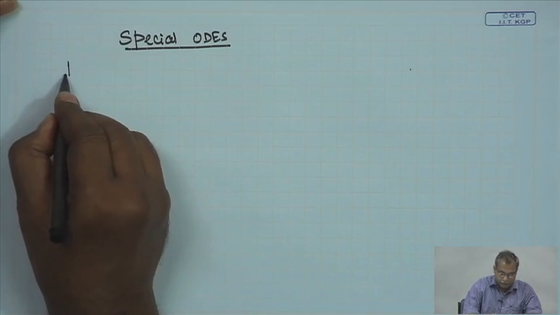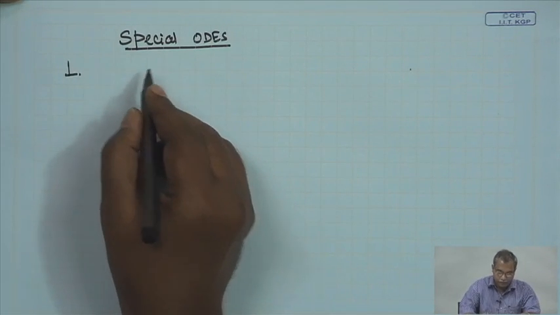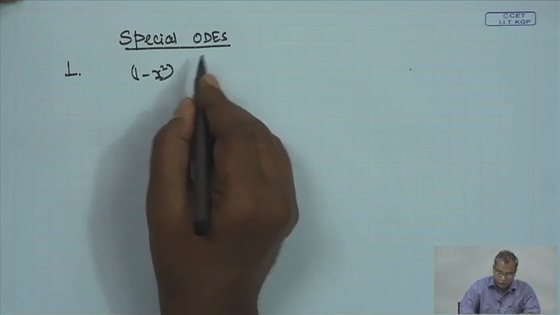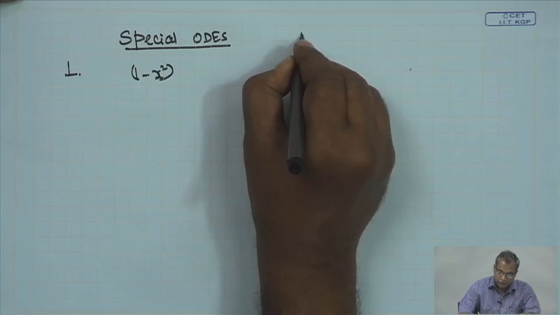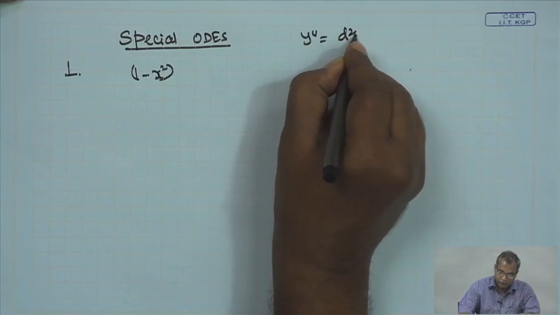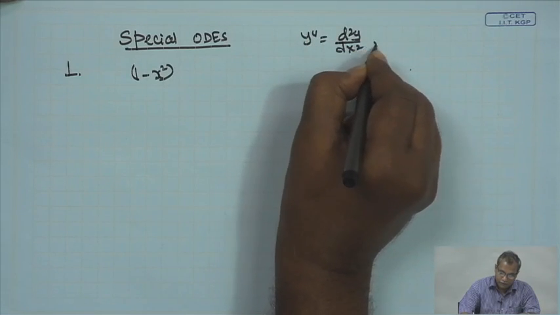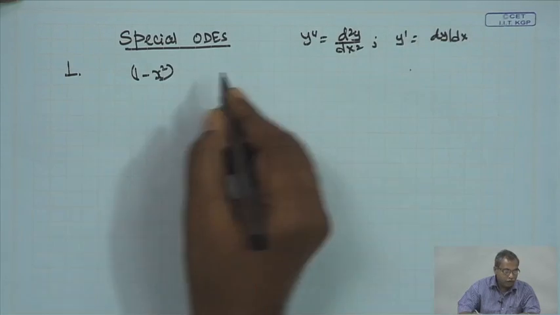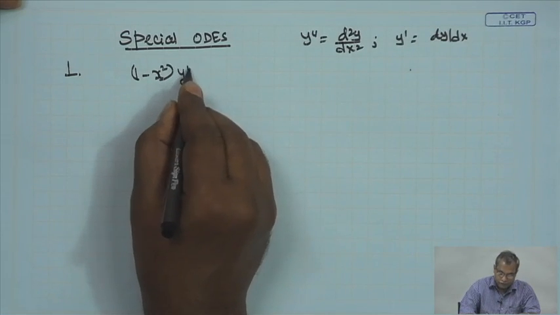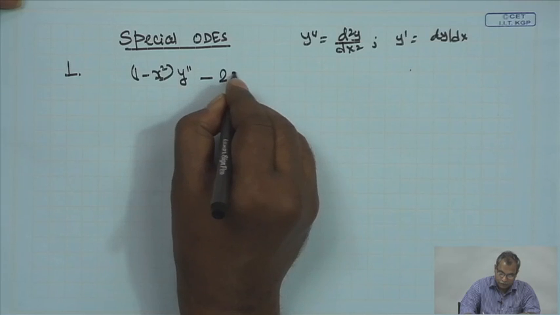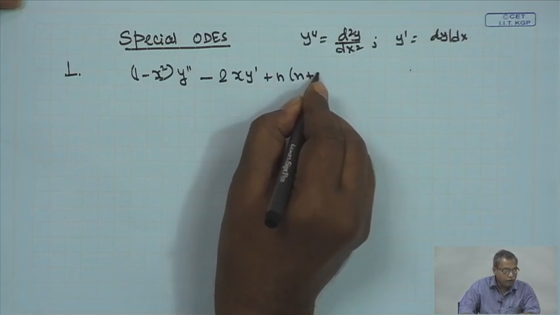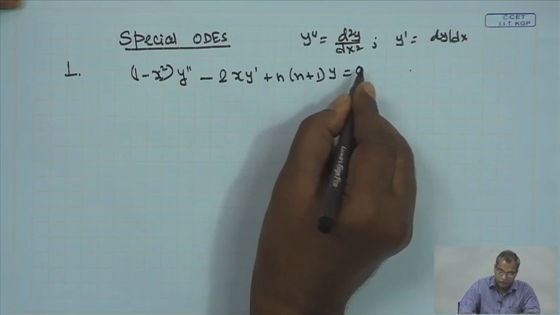For example, the first one is the ODE 1 minus x square y double prime, where y double prime is basically d square y by dx square, and y prime is dy by dx. So, 1 minus x square y double prime minus 2 x y prime plus n into n plus 1 times y is equal to 0.